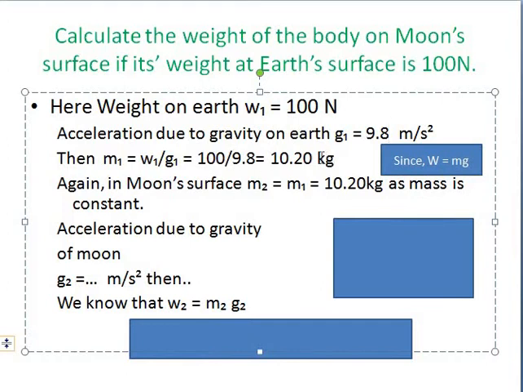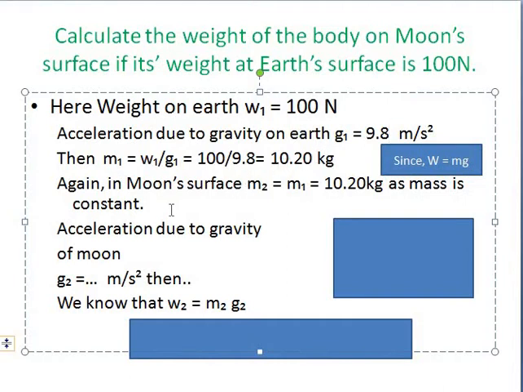So when the weight of the body is 100 newton at Earth, the corresponding mass is 10.20 kilogram.